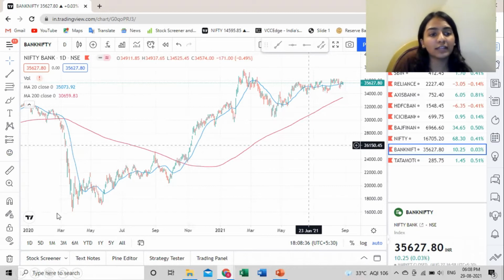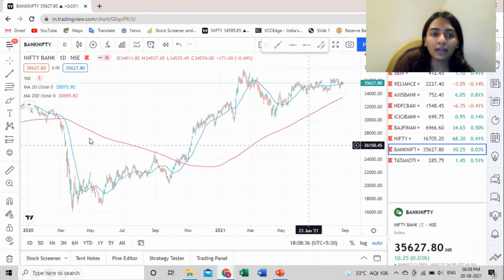As you can see, in March 2020 the price, which are the candles over here, moved below the moving average 20-day close and the moving average 200-day close. The moving average 20-day close is for the shorter term, and 200 days is for the medium term.